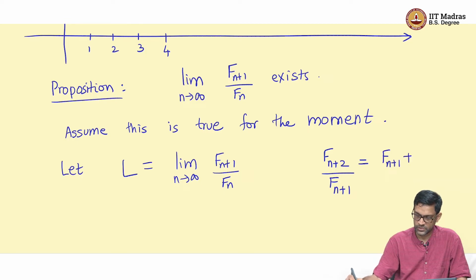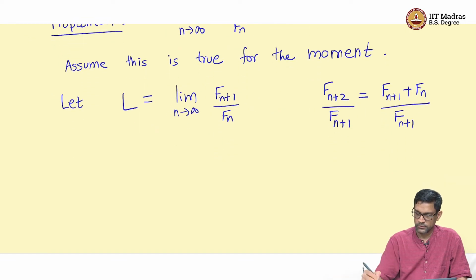This is f(n+1) plus f(n) divided by f(n+1), and you can rewrite this as 1 plus 1 over f(n+1) by f(n).